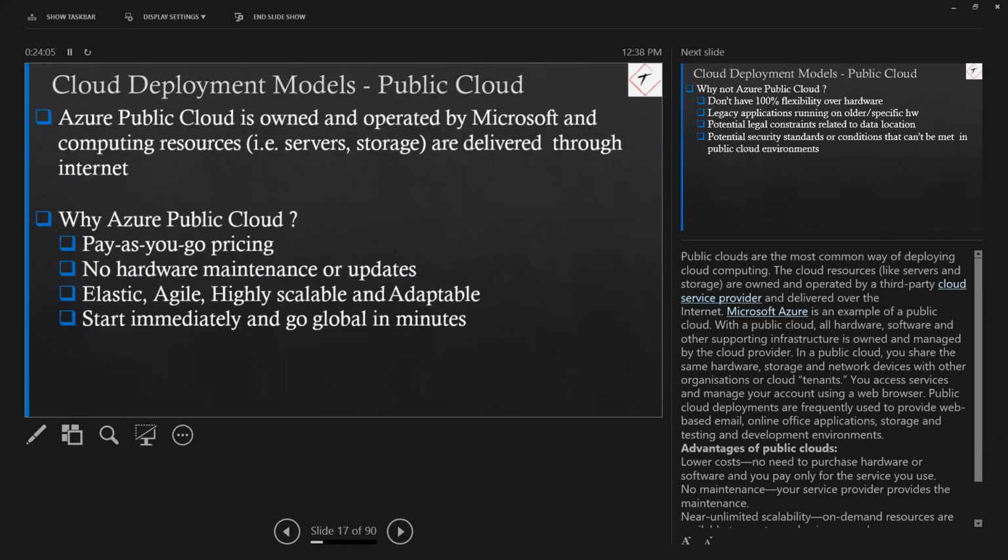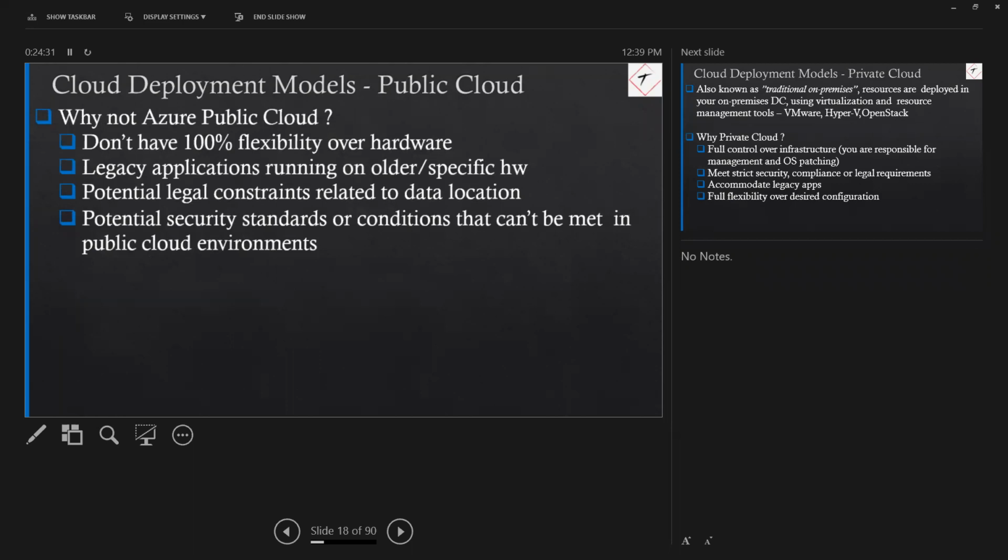There are no hardware maintenance costs or updates. It is elastic, agile, highly scalable and adaptable, and you can deploy this in minutes, right? You don't have to buy hardware, you don't have to find people to maintain this for you. It is already available, you can deploy this in minutes.